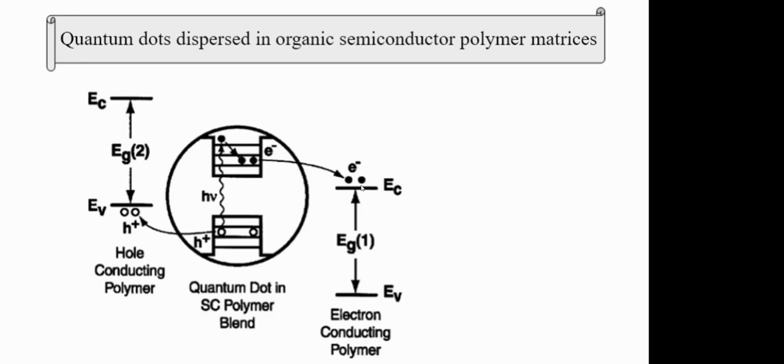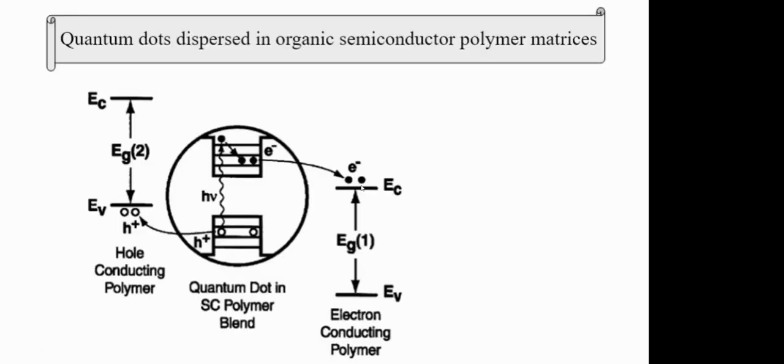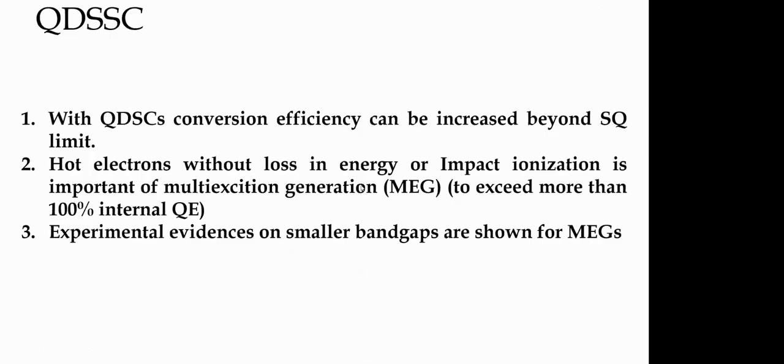So we can generate multi-excitons, which is not possible in any other solar cell system. So this system has a unique advantage. You can beat the Shockley-Queisser limit. So with quantum dot sensitized solar cells, conversion efficiency can be increased beyond the Shockley-Queisser limit, which is for single junction solar cells.